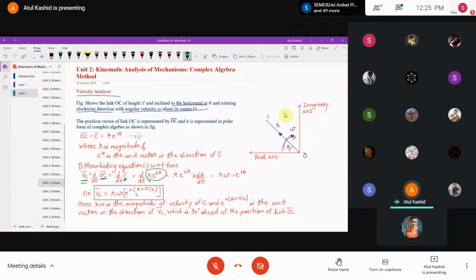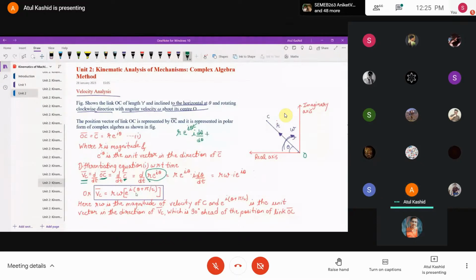We have to differentiate this term, and we are going to use the UV rule, where U will be equal to R and V will be equal to e raised to i theta, right? So differentiation will be like this: U dV by dt plus V dU by dt. First we take R, then the differentiation of e raised to i theta will be e raised to i theta, and again we need to differentiate this term, so this will be i into d theta by dt.